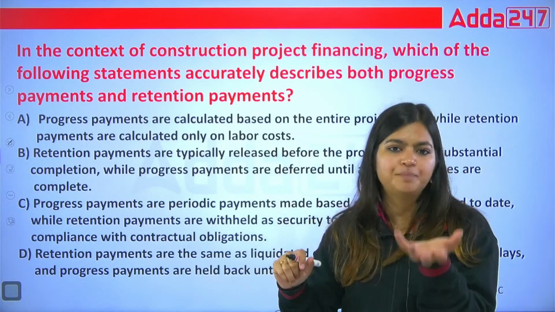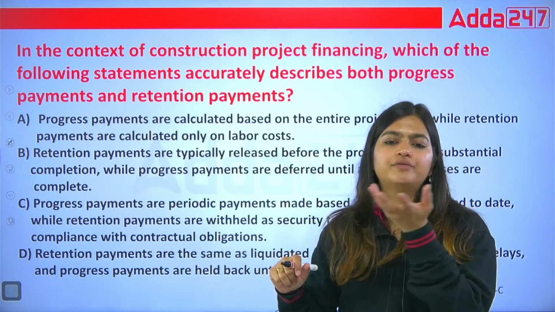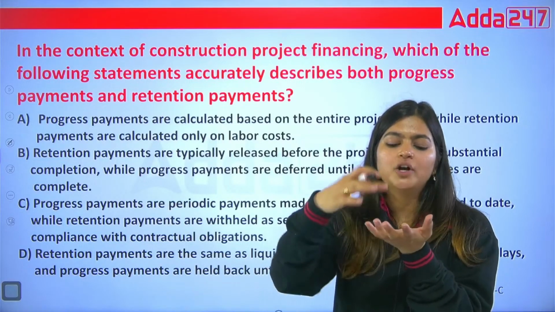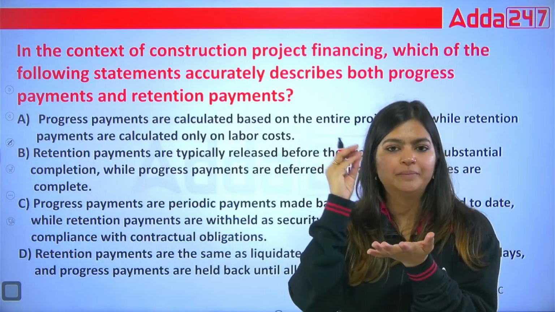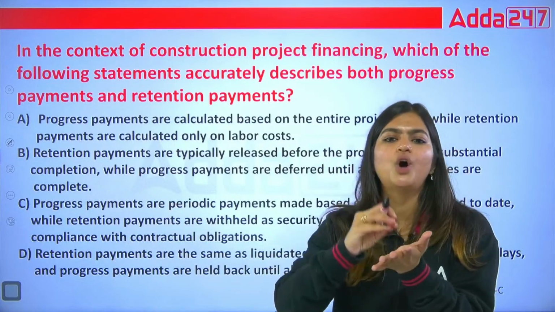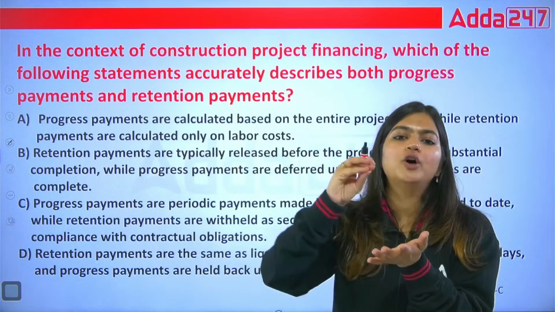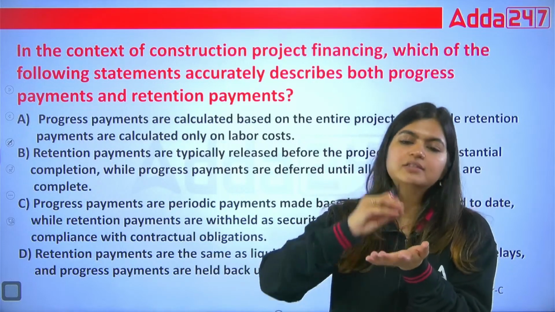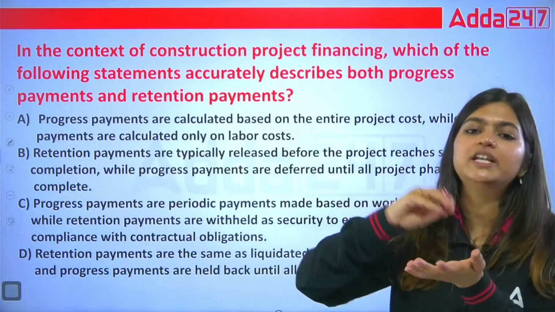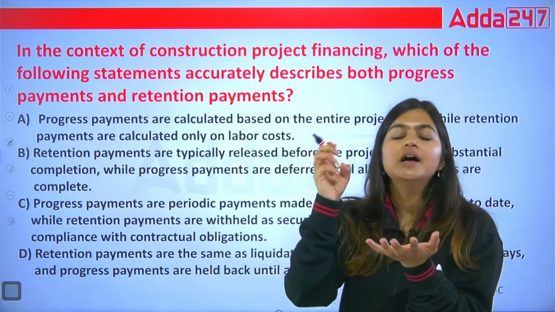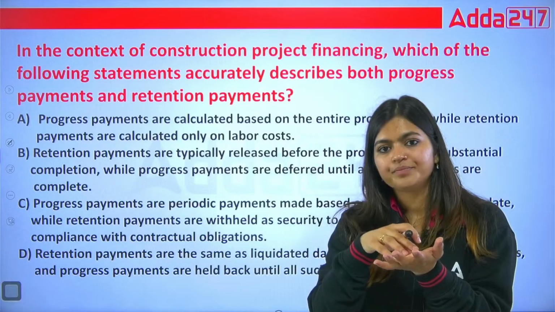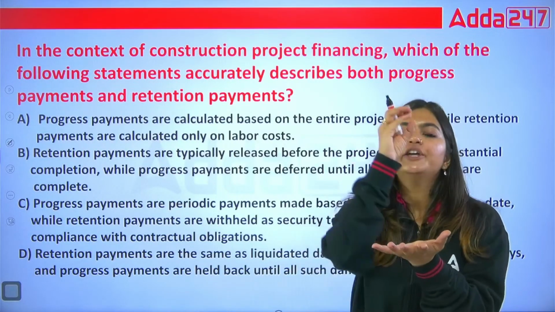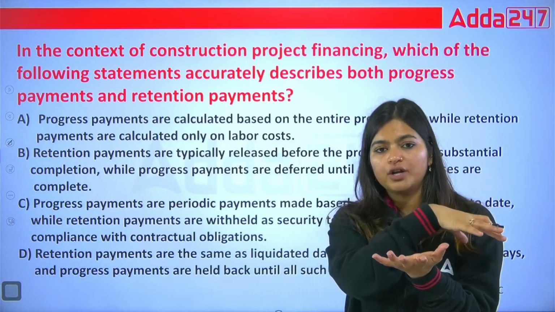Ultimately, progress payments means deciding the installments, that is, in how many installments. Because one thing you need to keep in mind is that construction contracts are always for more than 12 months. So if anything is for more than 12 months, you cannot give everything on the first day of the contract, or withhold your amount till the last day of the contract, correct?